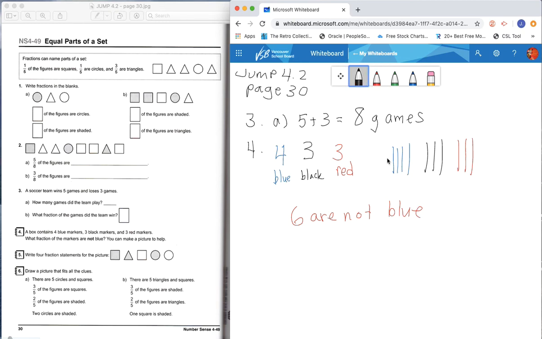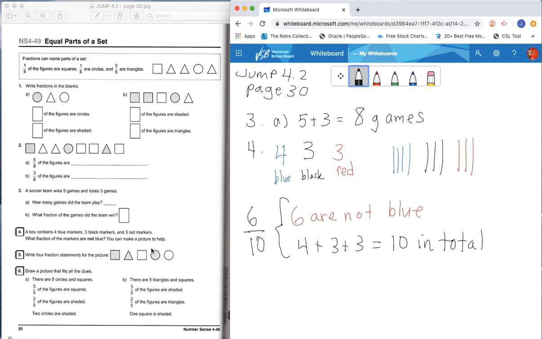So add them up. 4 plus 3 is 7, 7 plus 3 is 10. So 10 in total. So your fraction is 6 are not blue out of a possible 10 markers. So your fraction is 6/10.